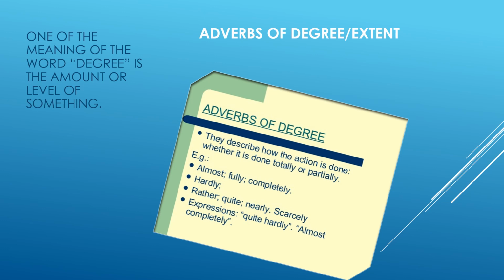Adverbs of degree describe how the action is done, whether it is done totally or partly: almost, fully, completely, hardly, rather, quite, nearly, scarcely. Expressions like quite hardly, almost completely. So these kinds are adverbs of degree.